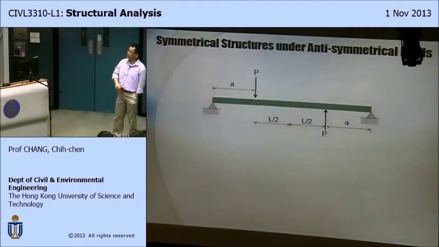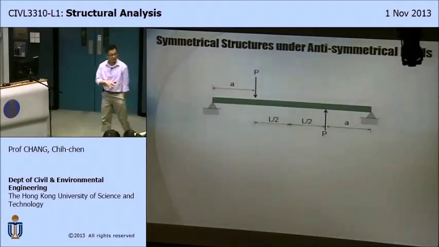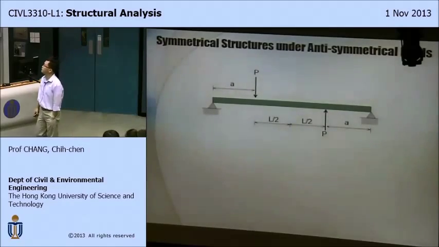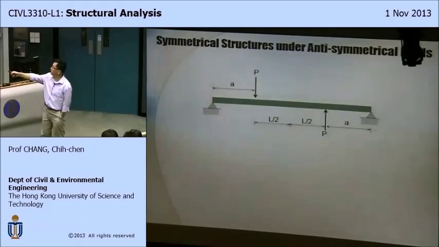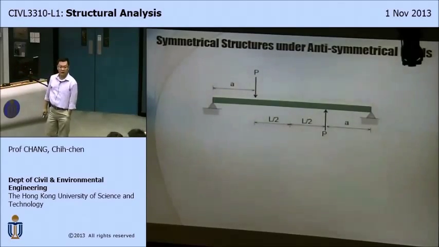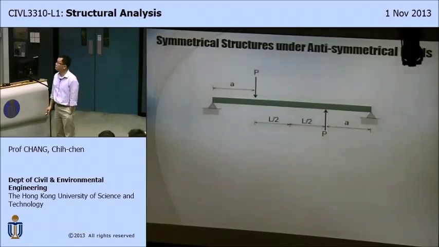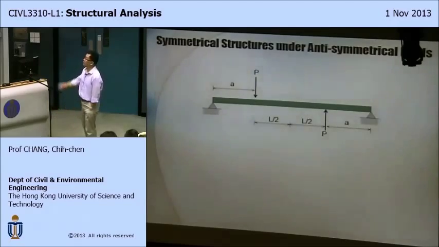Now, how about the other type? Symmetrical structure under anti-symmetrical loads. So here is a symmetrical structure, and the loadings are anti-symmetrical. So you flip and then change side, go back to the original. So these are anti-symmetrical loads.